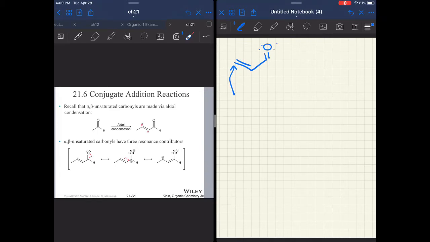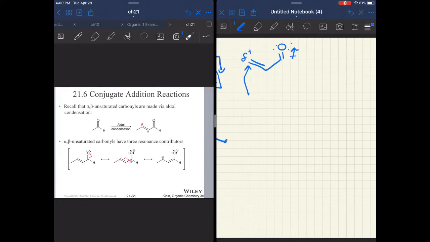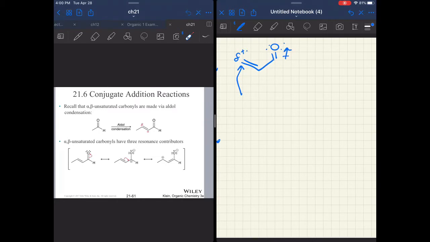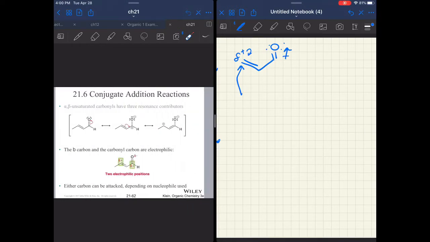And so you do have that partial positive, full formal positive charge on this resonance structure. But because it's allylic, you also get a partial positive here at the beta position as well. All right, so that's going to attract a certain type of nucleophile. It's a very specific type.